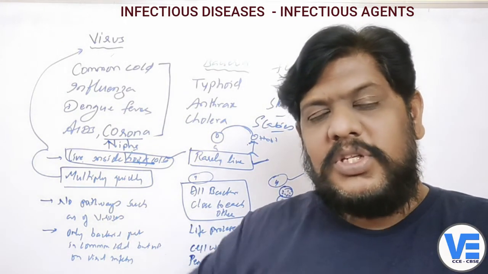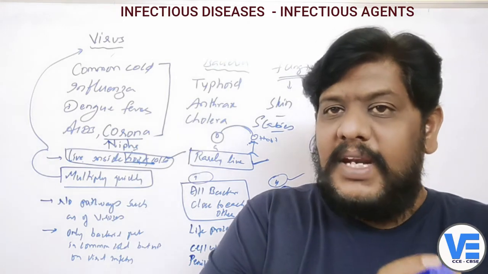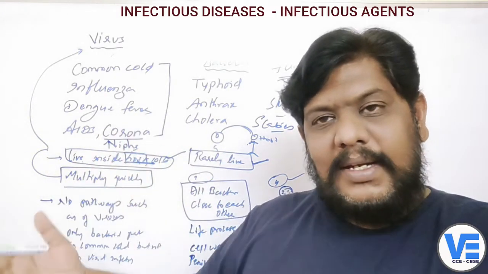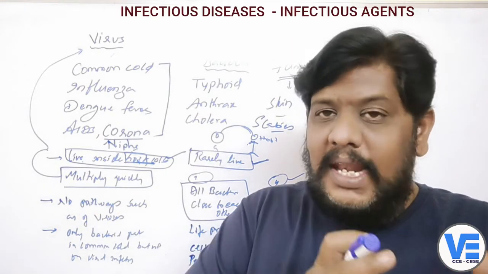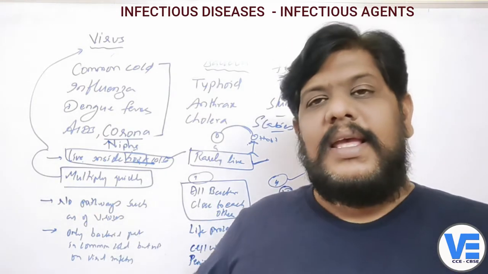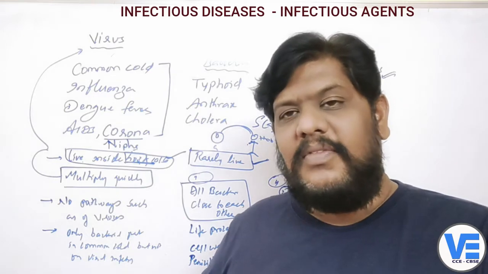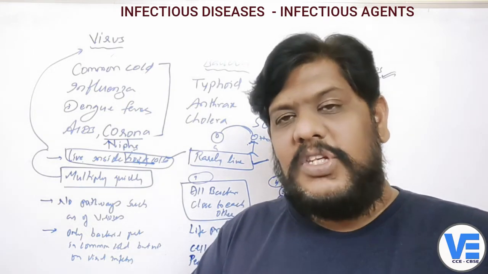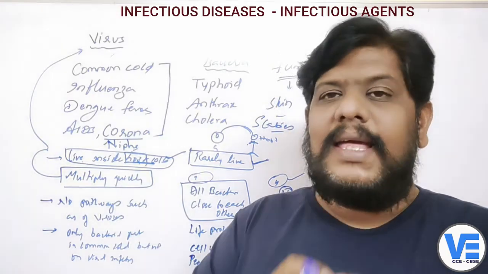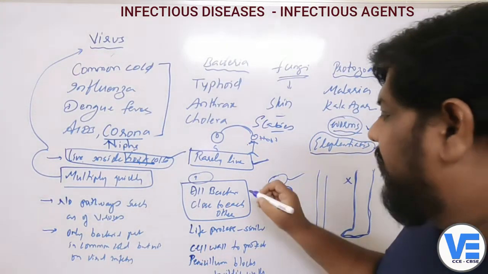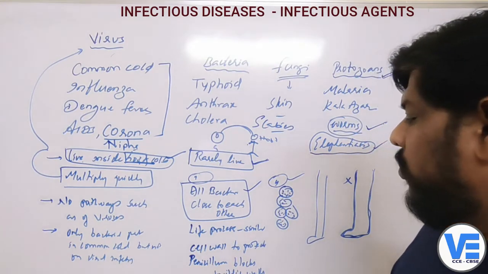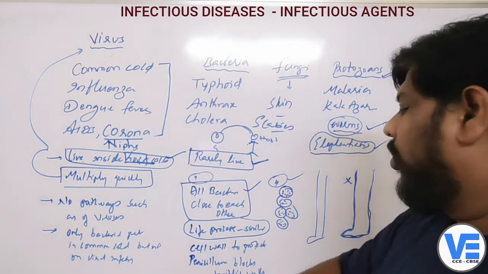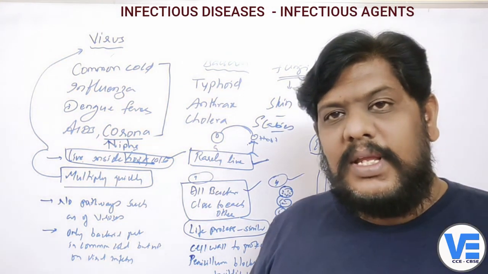What life process this particular bacteria has, the other bacteria also has the same kind of life process. So they both have identical characteristic features, and the life processes are very similar to each other.